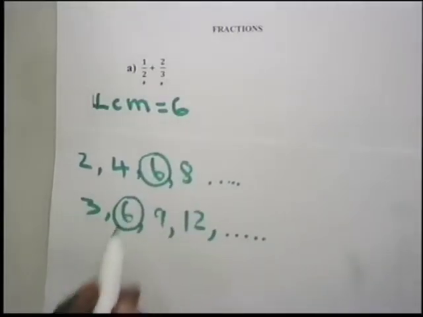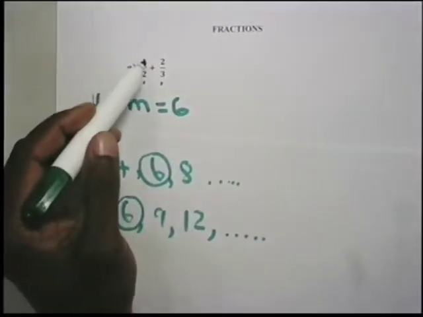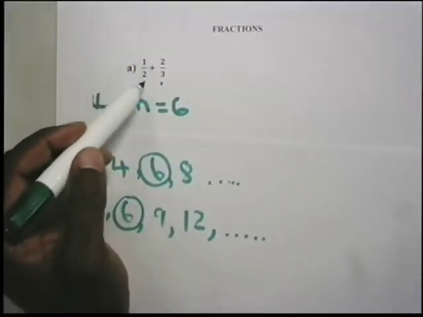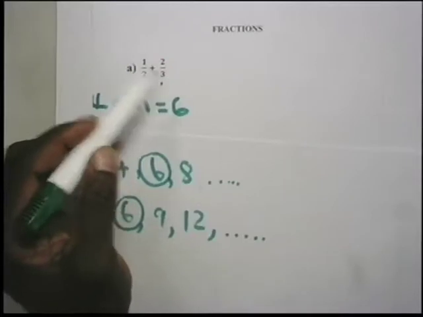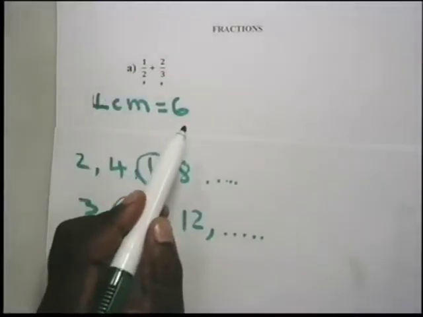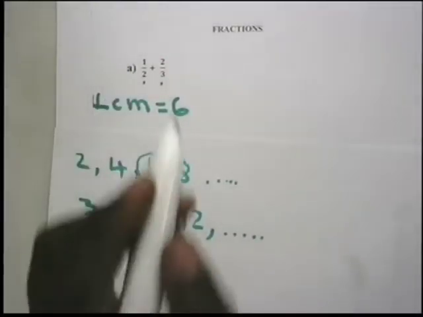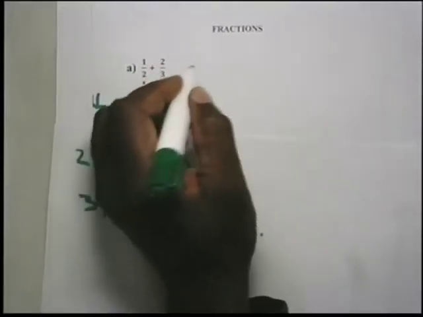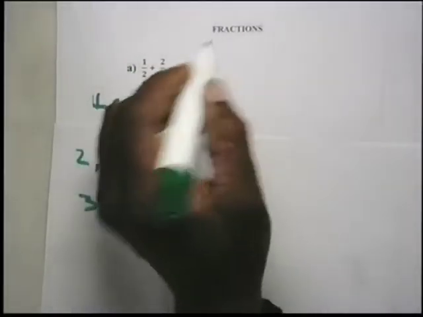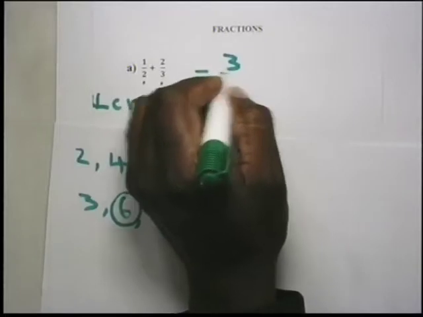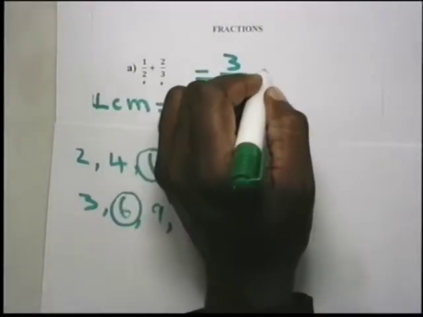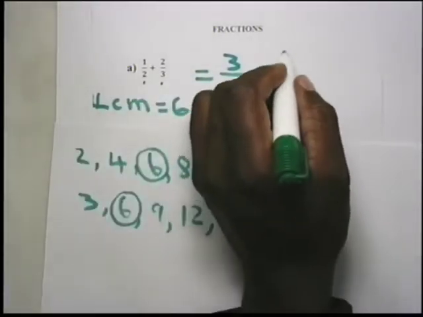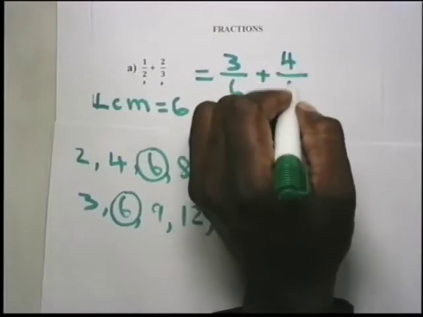That means we need to find equivalent fractions for both these fractions that would have a denominator of 6. So going forward, we will end up with 3 over 6 plus 4 over 6.